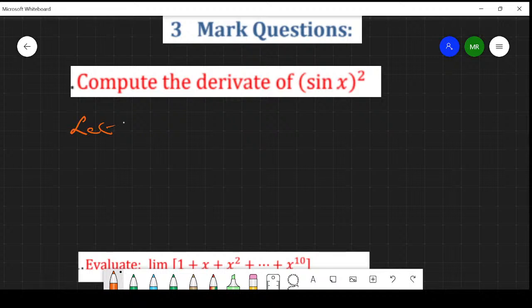Let y is equal to sin x whole square. Then I can write sin x into sin x, a product of two functions.